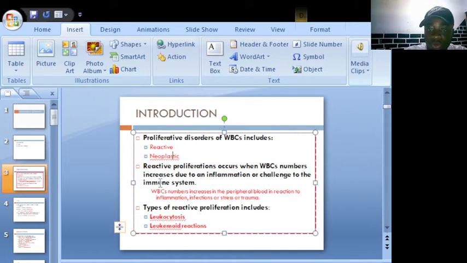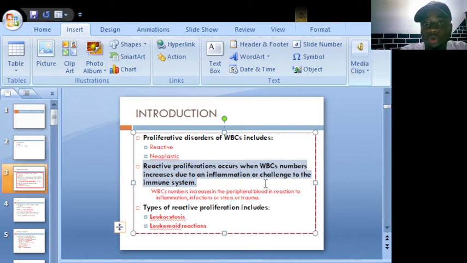Reactive proliferation occurs when WBC numbers increase due to an inflammation or challenge to the immune system. You understand that? So it means that in most cases, in the body there can be inflammation, and you know these inflammations can be caused by bacteria, by other organisms, any foreign antigen, and in most cases this WBC level increases.